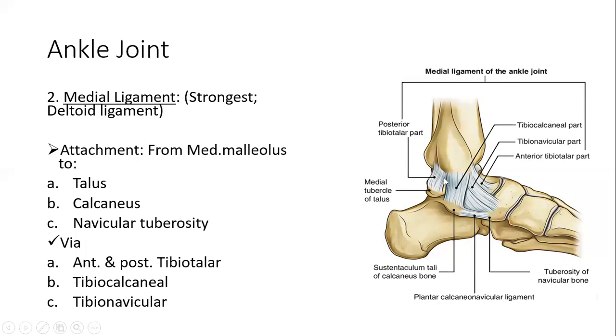And in the spraining of the ankle, the joint may or may not get displaced. That is subjected to variation. So this was all about the ligaments of the ankle joint.